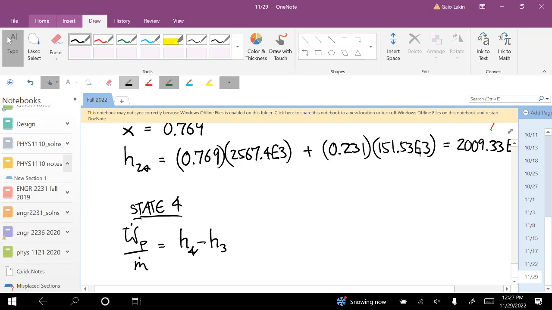And in our case, this would be 4S. We can also calculate this as, since we can assume that it's incompressible, this is equal to the specific volume at either one of these states, but I'll take 3, times the change in pressure. So P4 minus P3.